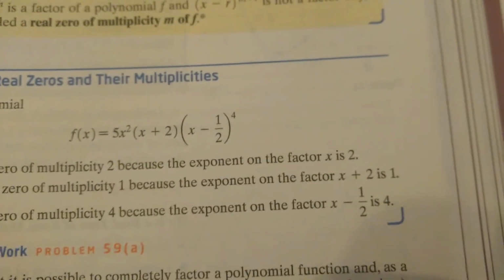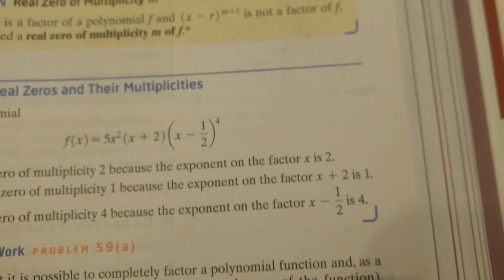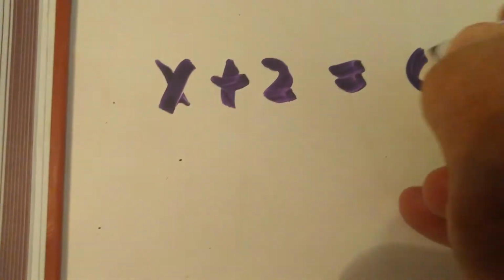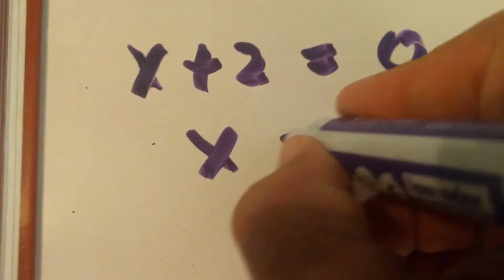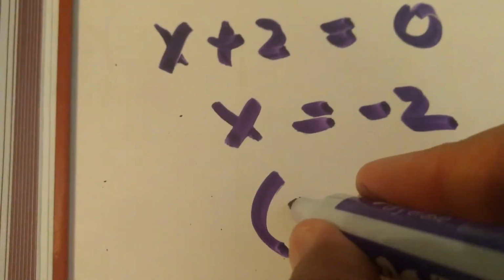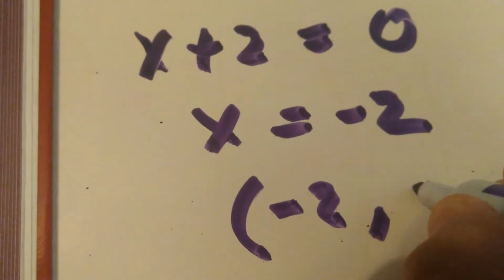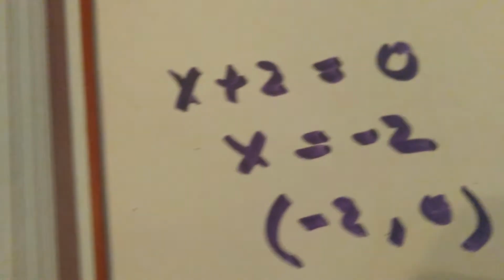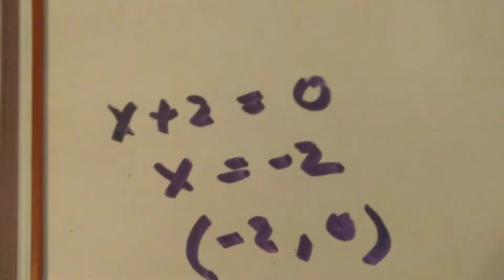The 0 is x plus 2. Remember, we take factors if we want to find our zeros. We would take x plus 2, set it equal to 0, solve, and we would know that we have a 0. This is telling us that we have negative 2, 0, as an ordered pair, or an x-intercept.